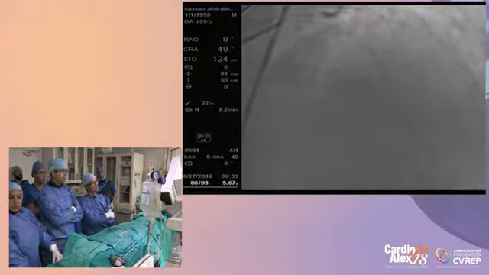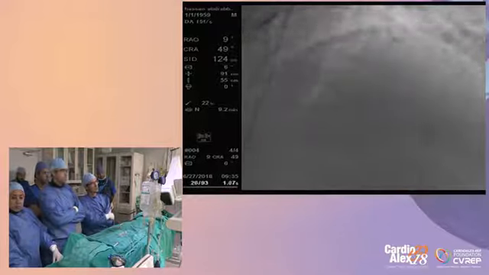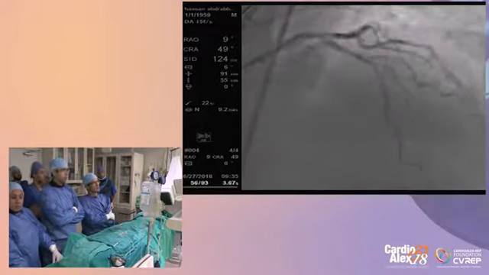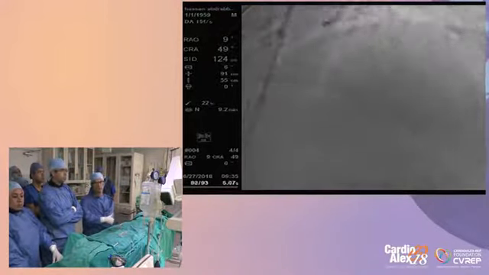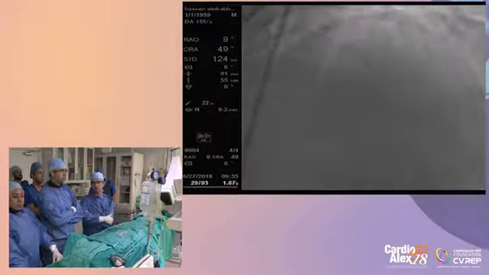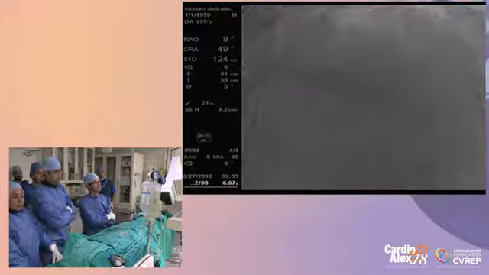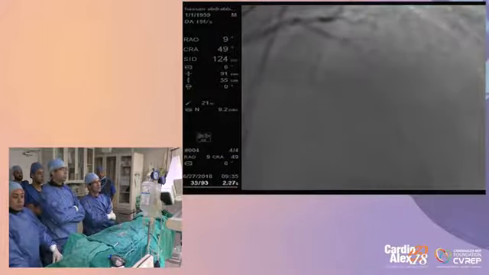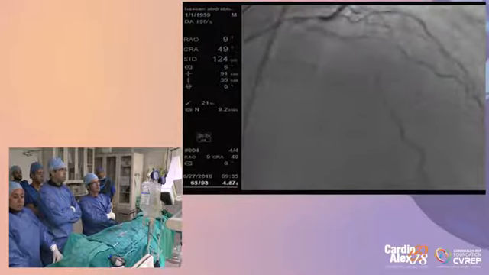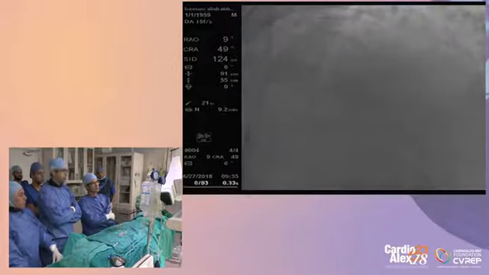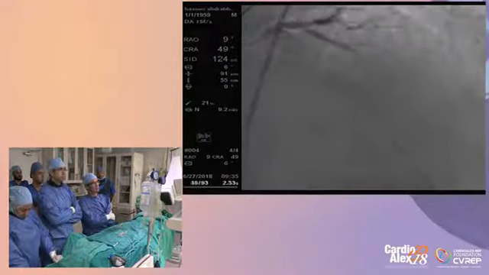We are using a 7 French catheter, and now the discussion I had with my colleague is whether we should start with a 1.25 or 1.5 burr, regarding the size of the burr.